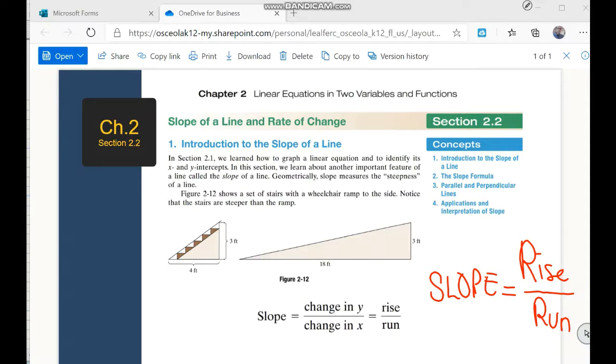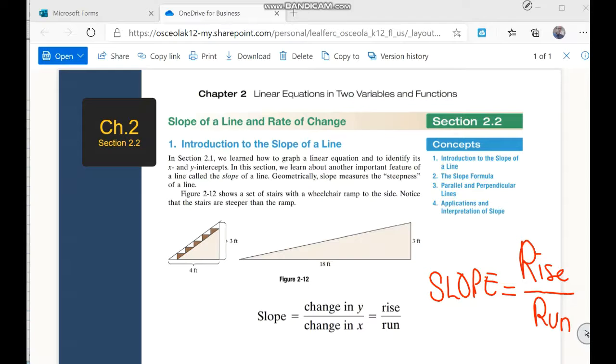Slope of a line, rise over run. Slope of a ramp, rise over run. Slope of a stair, rise over run. Slope of a ladder, rise over run. Don't forget ever, rise over run.